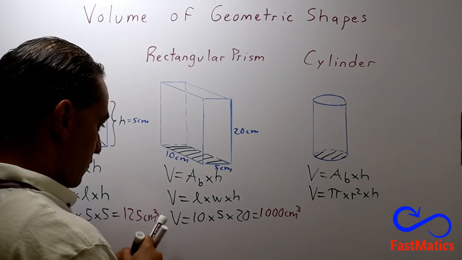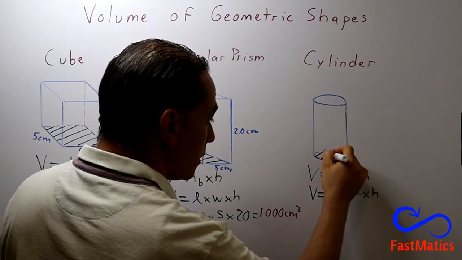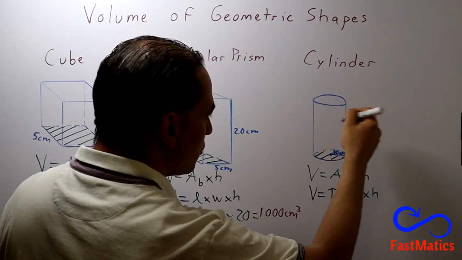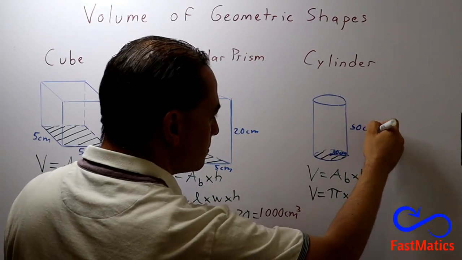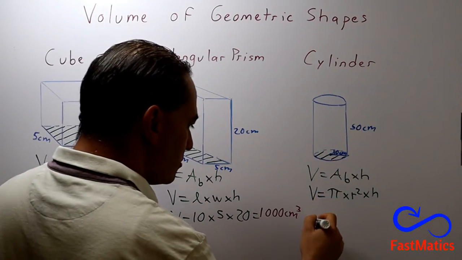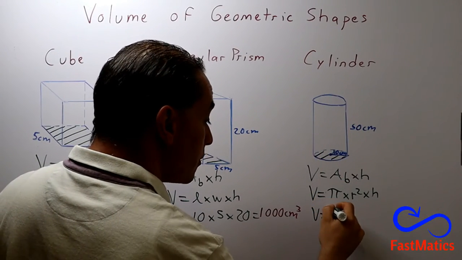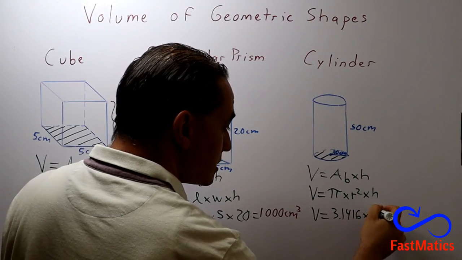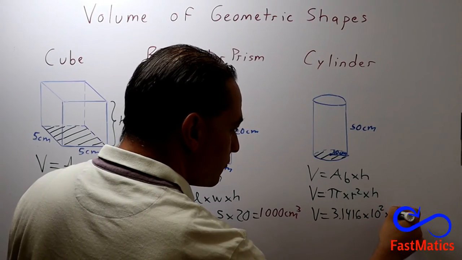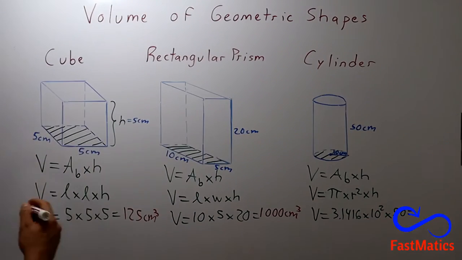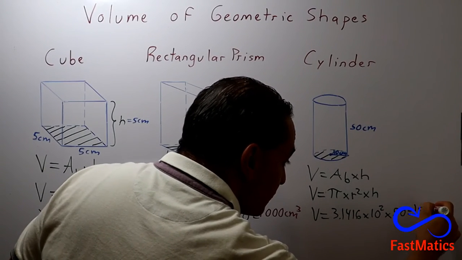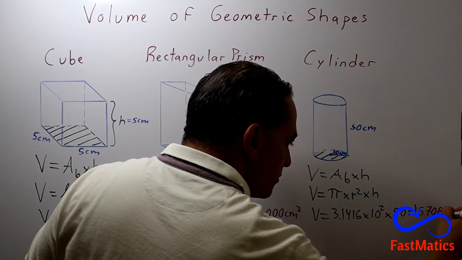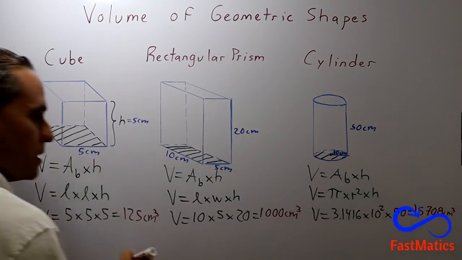For instance, if we have a radius of 10 centimeters and a height of 50 centimeters, we're going to replace the values. Volume equals 3.1416, pi, times 10 squared times 50. And the answer is 15,708 centimeters cube.